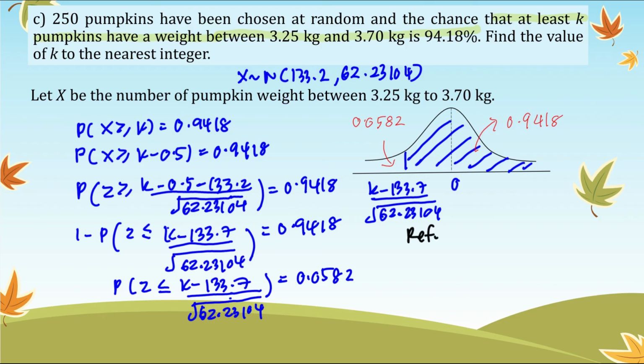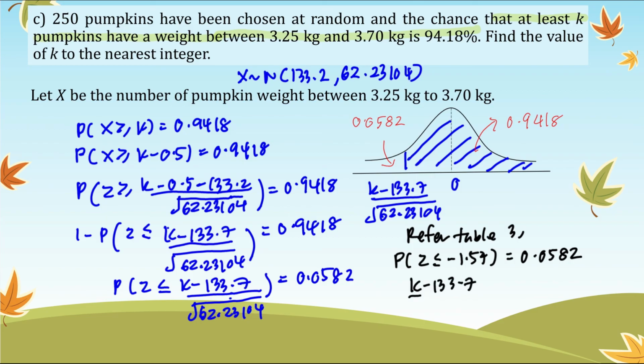Now we can refer to table 3. From table 3, you should get 1.57. We need to put negative in the front because it is on the left side of 0. Now we can solve for k. K minus 133.7 divide with square root of 62.23104 equals to negative 1.57.